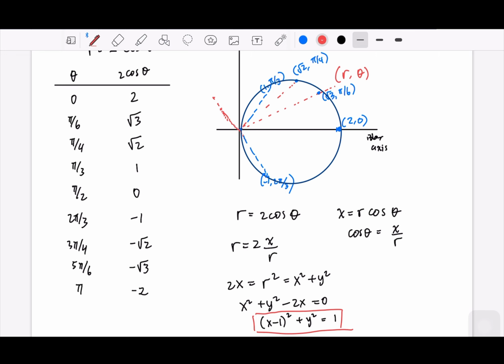If you would like to, you can also try 2 sine theta, or the negative part of this one, negative 2 sine theta. This whole thing will become negative, and this will be positive. This will be here, to the left side, right? There are several types of polar curves.